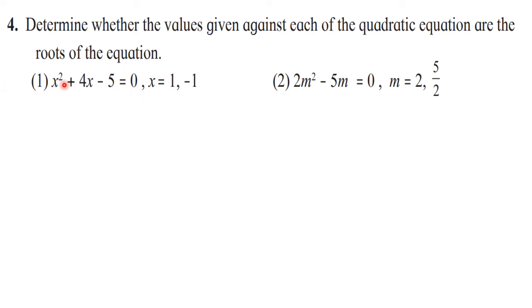That means this value, if it is 0, then and only then you are going to say that the value given is the root or is the solution. And if the value is other than 0, then what we have to write is that the value given is not a root or not a solution. So always keep in mind, for words like determine whether or check whether, you are going to solve only the left hand side, that is LHS.